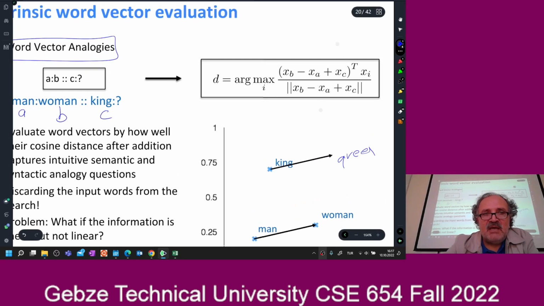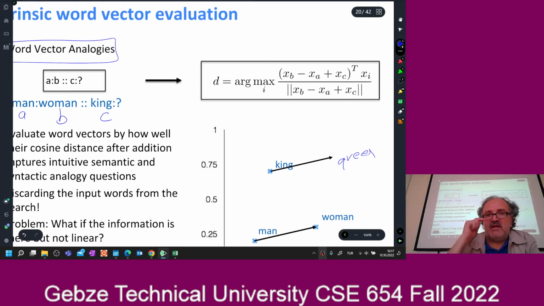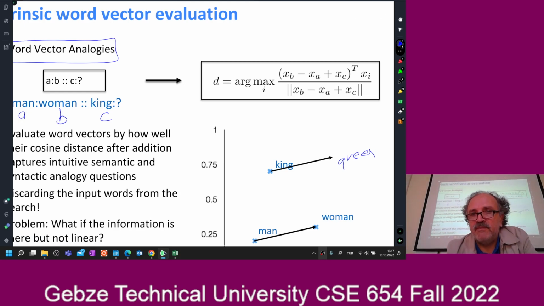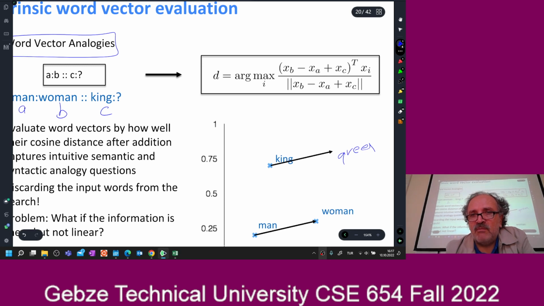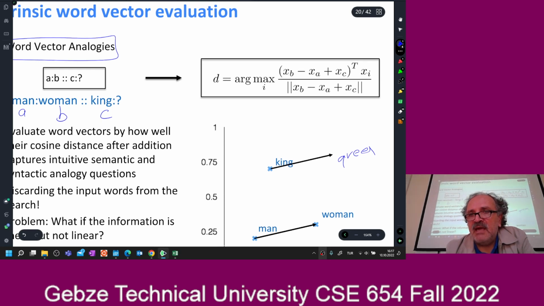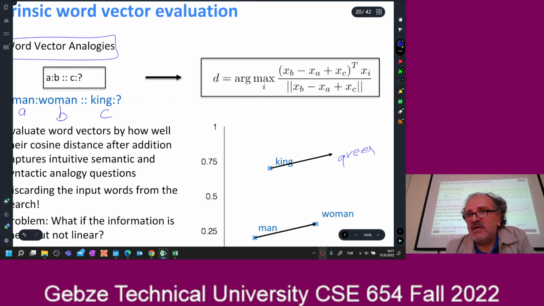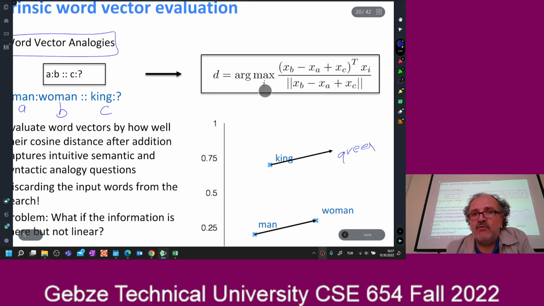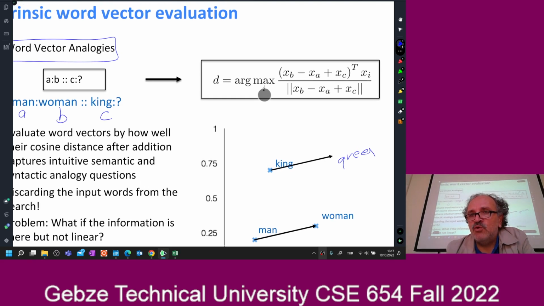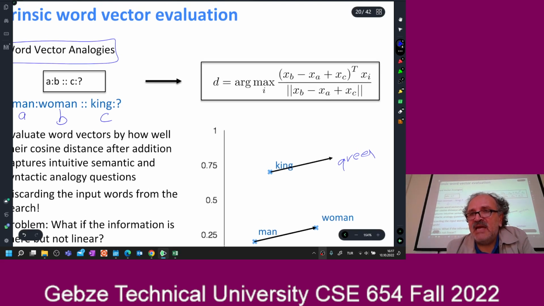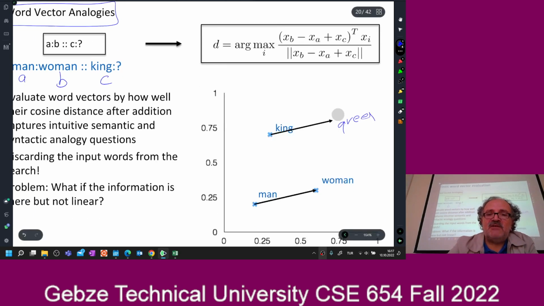A and B are the words, of course they are vectors. Subtract the vector of A from the vector of B and add C to it. Now you get a new vector, and scan all of your vocabulary to find an xi that makes this multiplication largest.